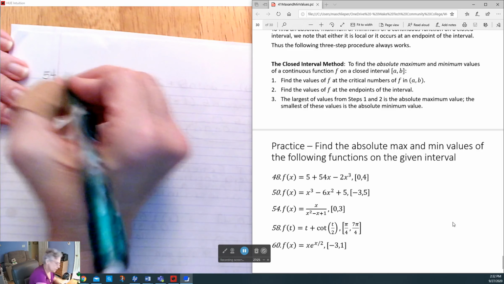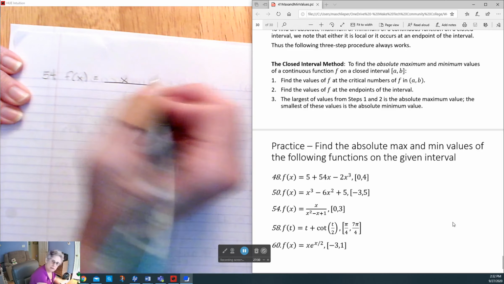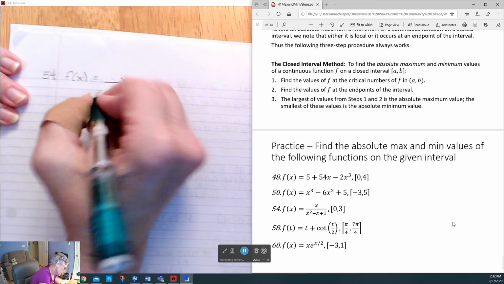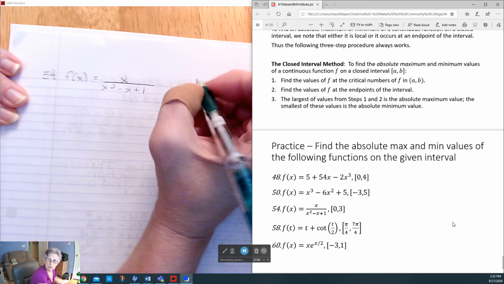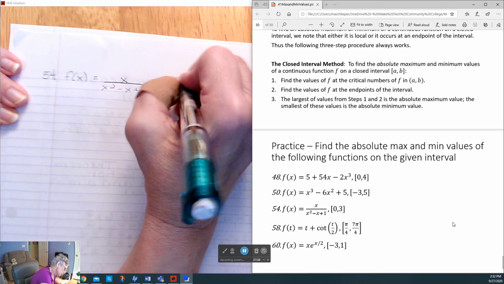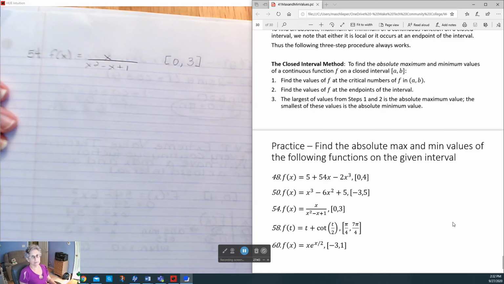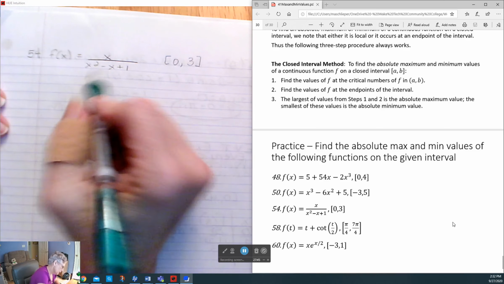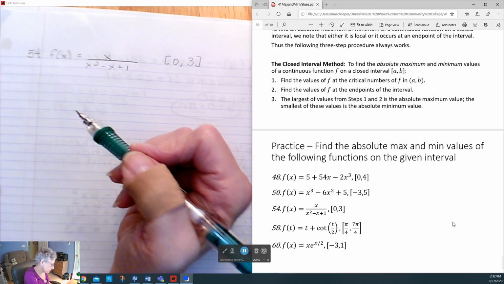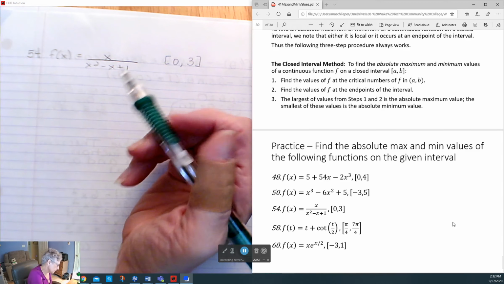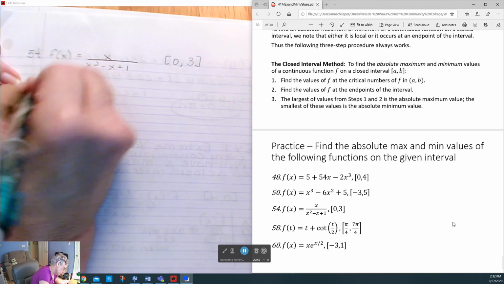So 54: f of x is x over x squared minus x plus 1, and we're looking at it from 0 to 3. Well, that denominator is never going to be equal to 0, so I won't have to worry about things that are not in the domain. It's defined everywhere.